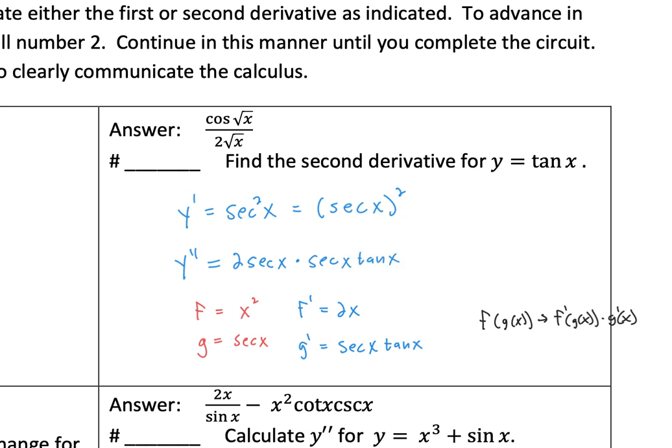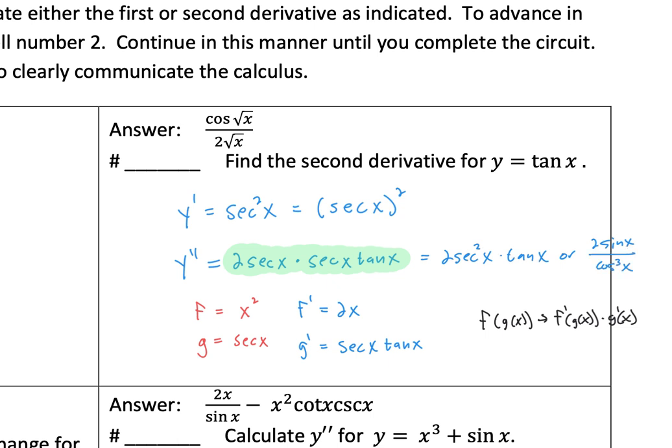You could leave it like that. Definitely, if this was a free response, you'd leave it like that for sure. Multiple choice, it's most likely written as 2 secant squared x times tan x, or it could be written as 2 times sine x over cosine cubed x.